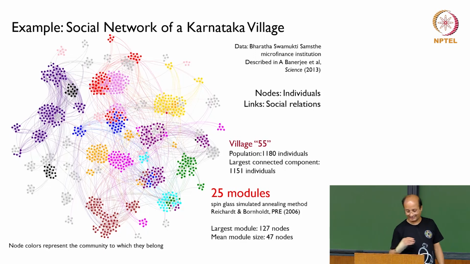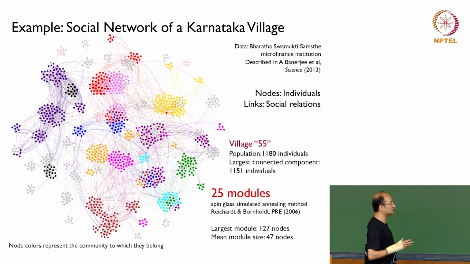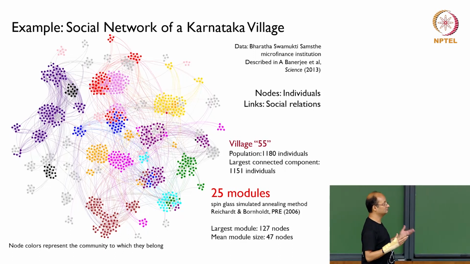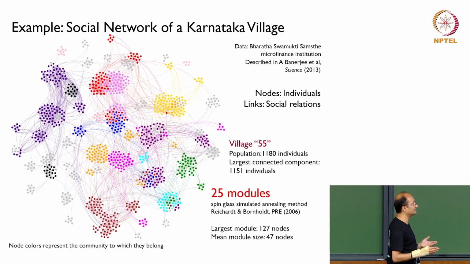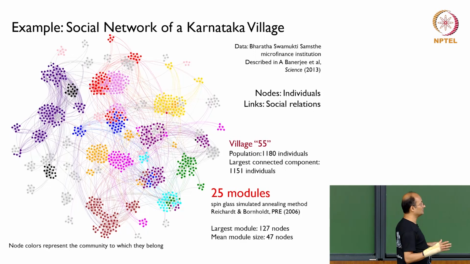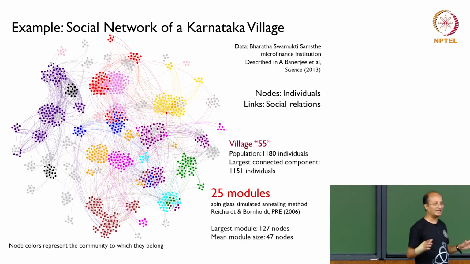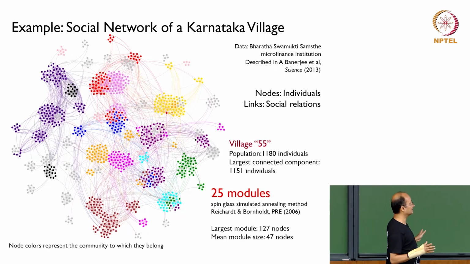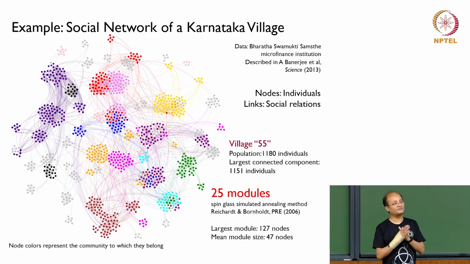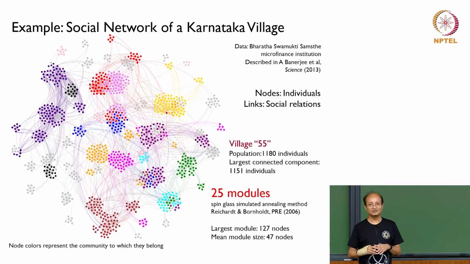In order to find the feasibility of starting their business in various villages, they went to about 90 villages all around southern Karnataka and did a survey where they would go to every individual and ask, who are your family members? Which temple do you go to? Who are the other people who go to the temple?